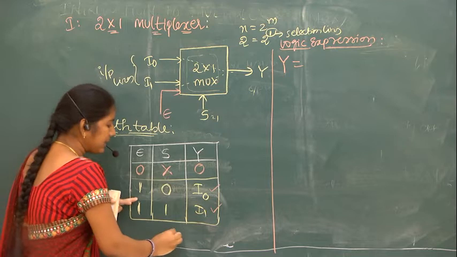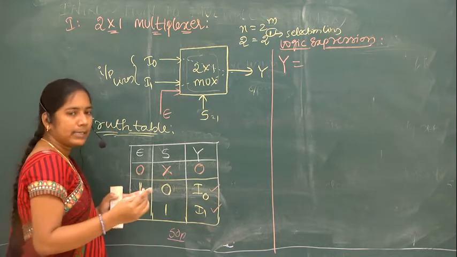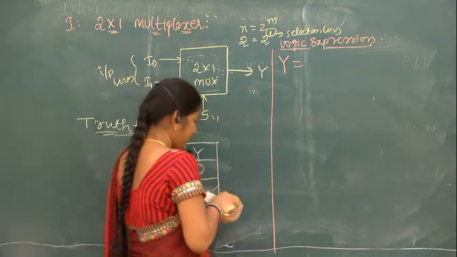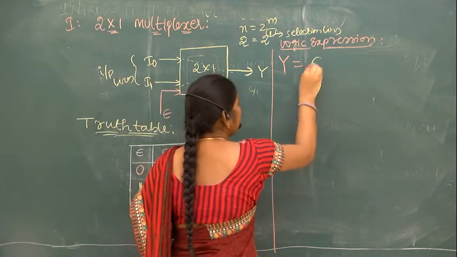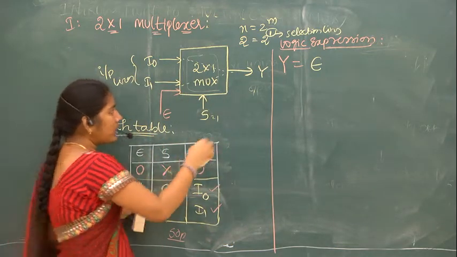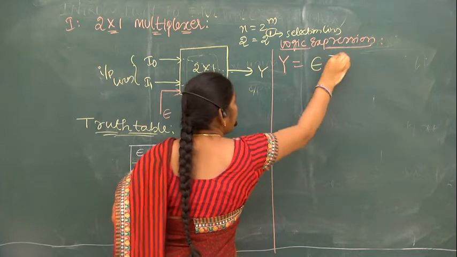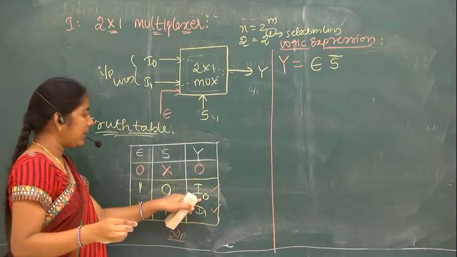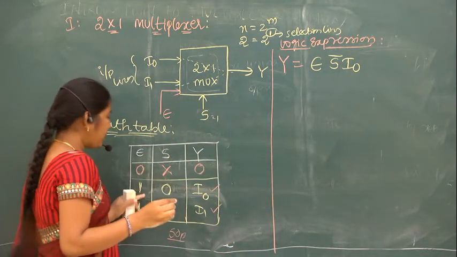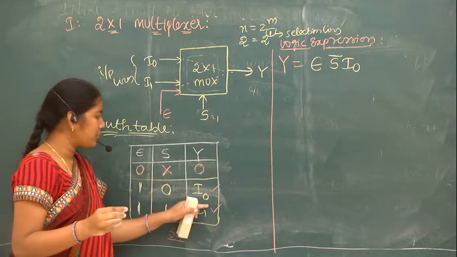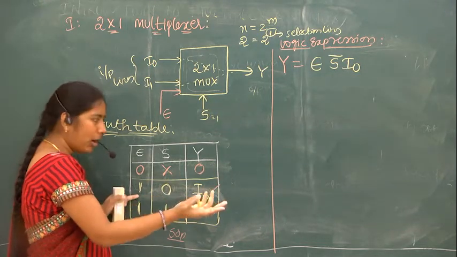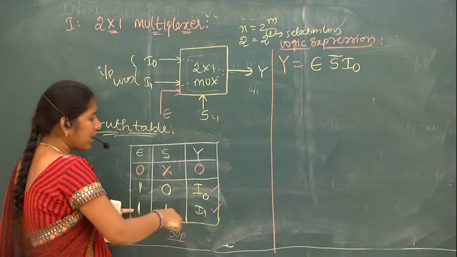I am considering here SOP form. So I can write this output value as E value is 1, so directly I am writing E. S is 0, so 0 means I can write this in complemented form S bar, and output is I0. So this is one possibility to get the output.